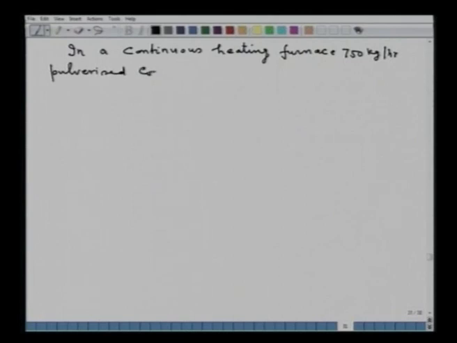In a continuous heating furnace, 750 kg per hour of pulverized coal is burnt with 3% moisture, and the following ultimate analysis.